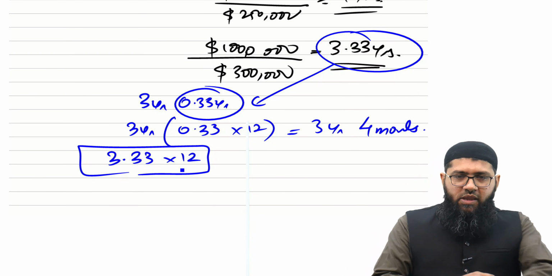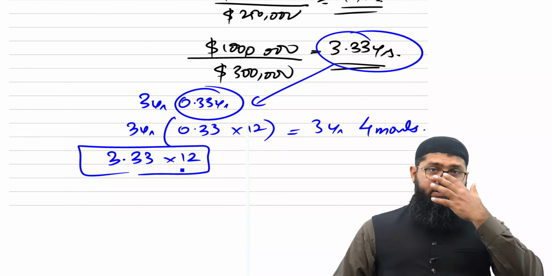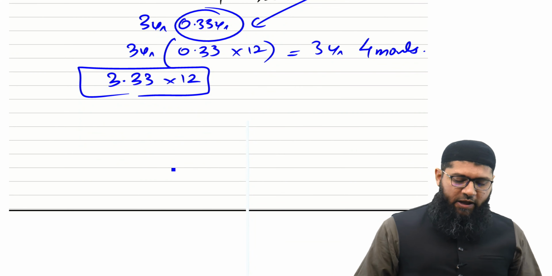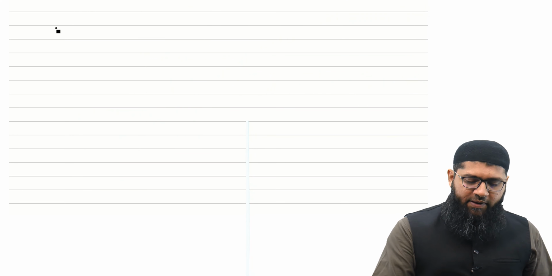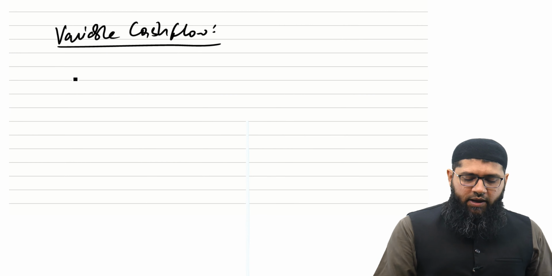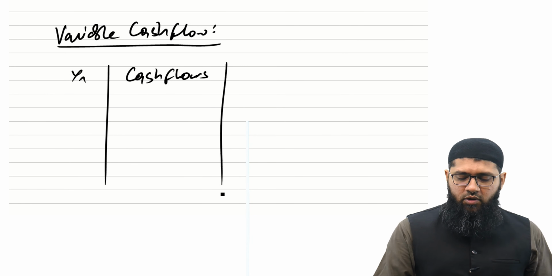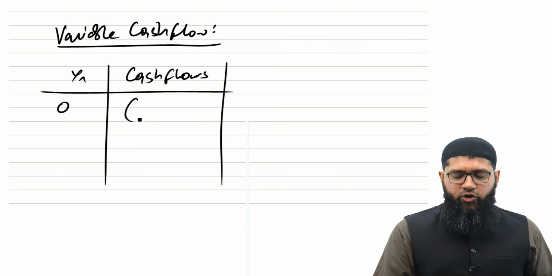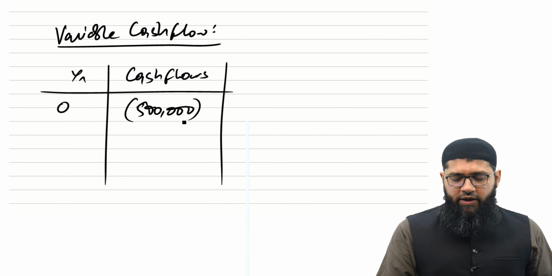So I have now gone through the concept of payback where we have constant cash flows. Now, let's talk about the payback period when you have variable cash flows. For example, let's say at time period 0, you make an investment of 500,000 in a project.